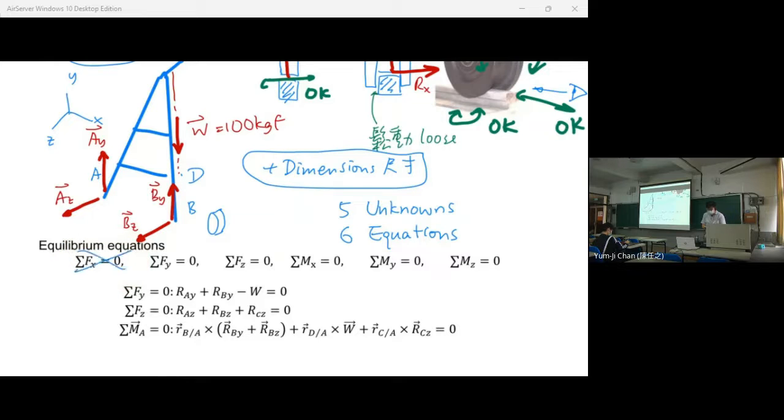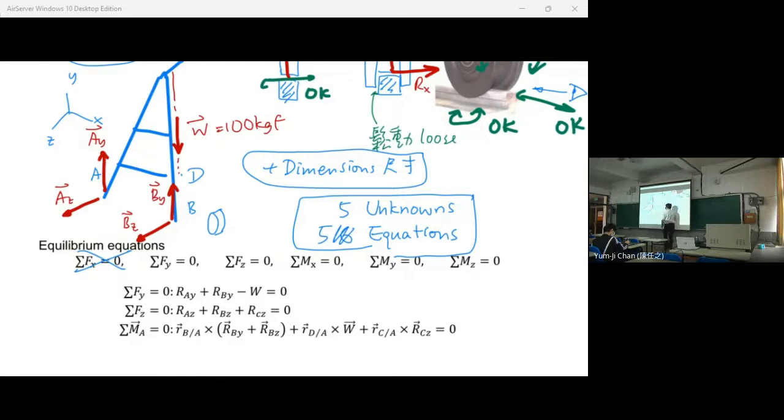So actually, we have only 5 equations. We have only 5 unknowns and 5 equations, so we don't need to satisfy this one.